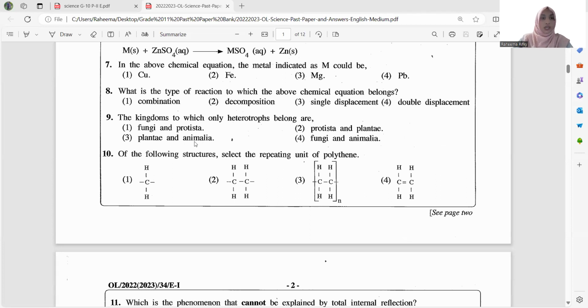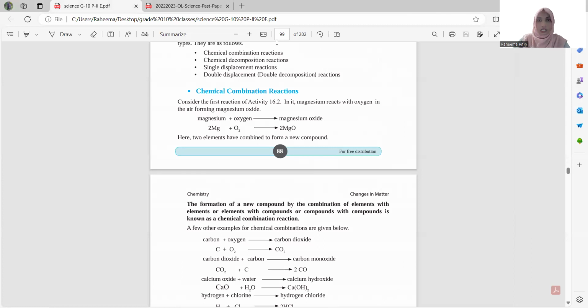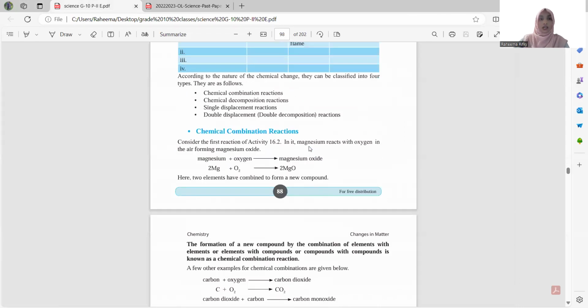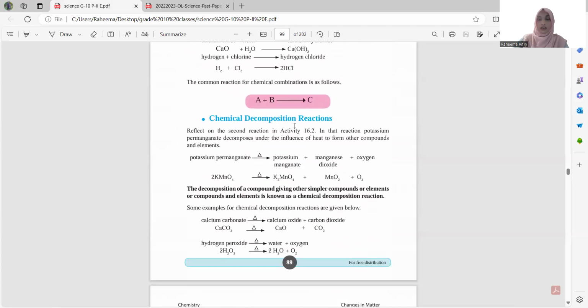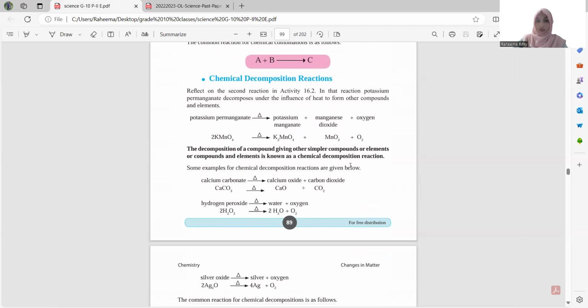Now they ask what type of reaction the above chemical equation belongs to. In our syllabus, in the grade 10 part of the book, there are 4 types of chemical reactions: combination, decomposition, single displacement and double displacement. Chemical combination means 2 compounds joining. Chemical decomposition means a compound breaks into different parts.